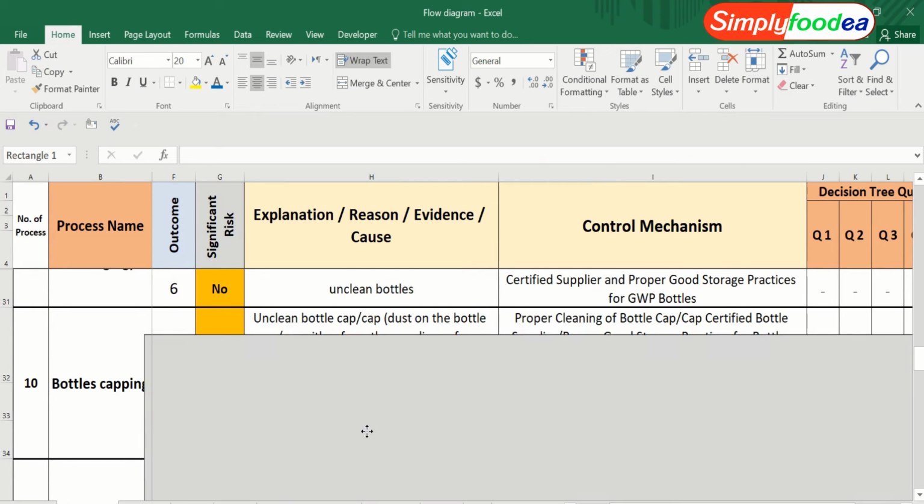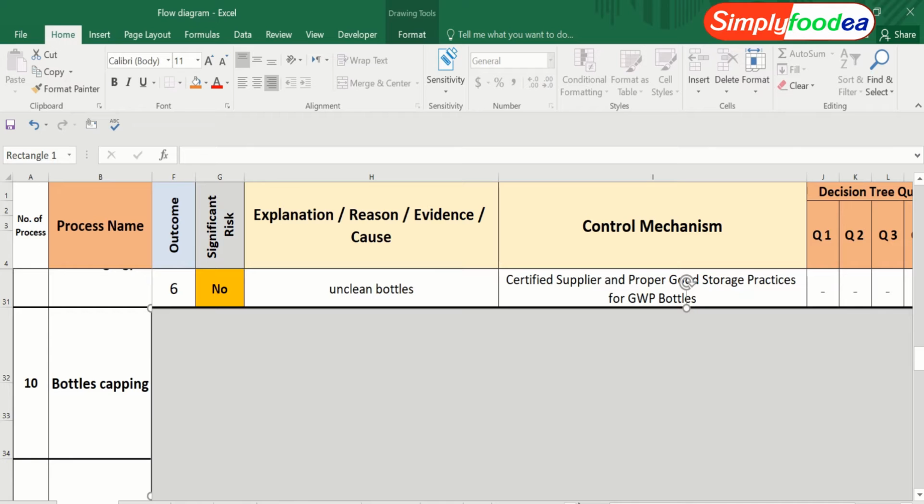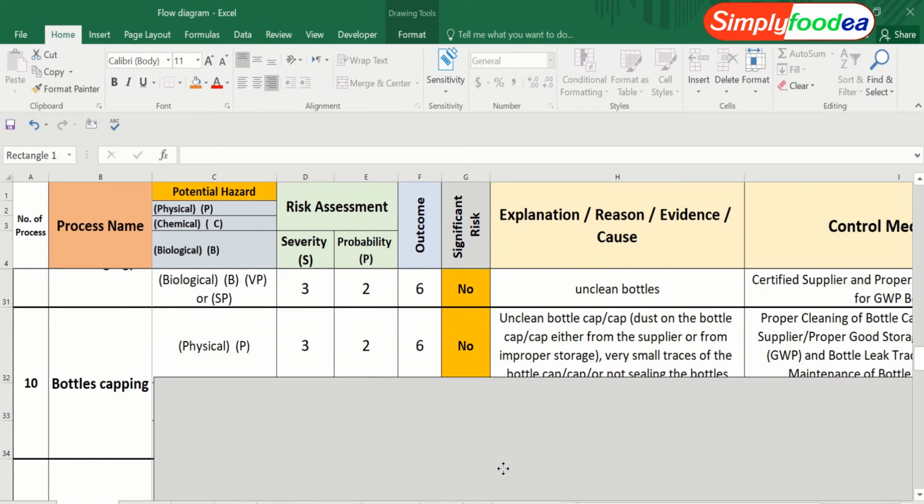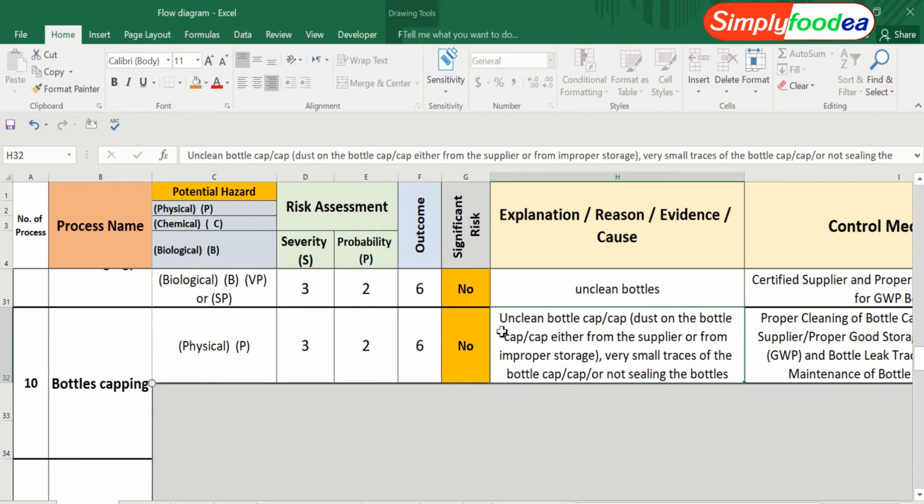Capping is putting the capsule on the bottle itself. So the physical hazard is also important in this primary packaging, of course for the same reason: the unclean bottle cap, and the improper storage of the cap or the capsule, either from the supplier or from our improper storage.